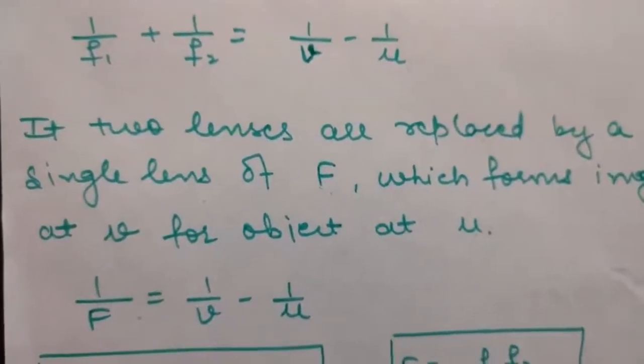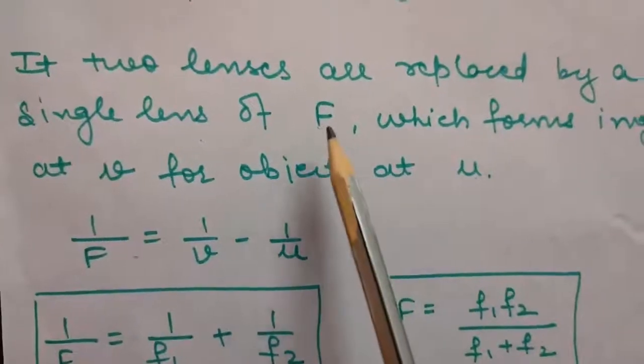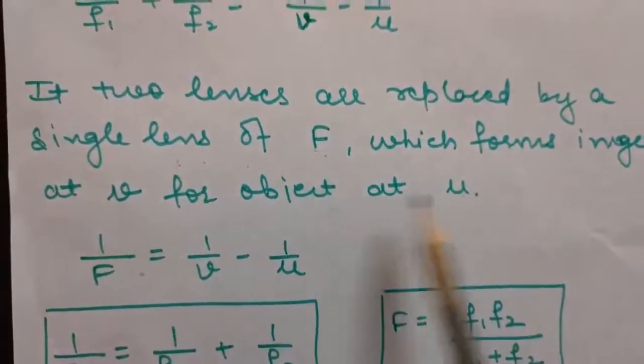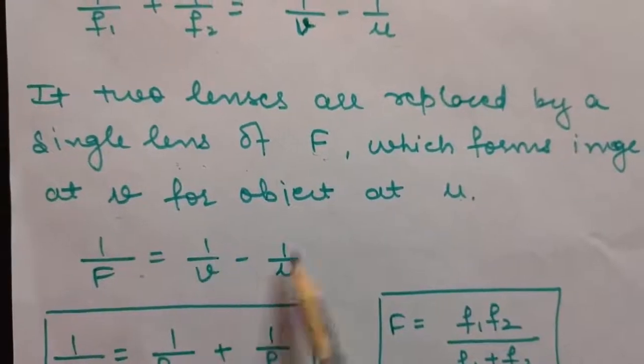So if you write the lens formula for this lens, that will be 1 upon F is equal to 1 upon V minus 1 upon U.